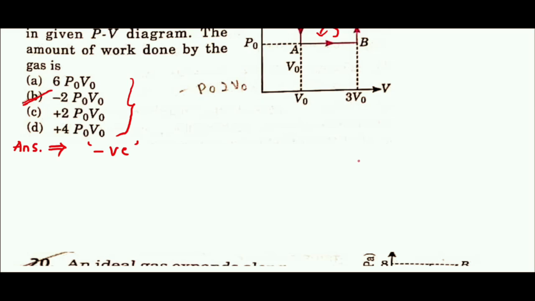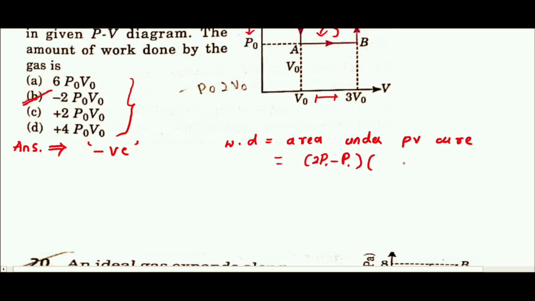So if we check it by calculation, how can we say that? Work done is equal to the area under the PV curve. So the work done here will be 2 P naught minus P naught and 3 V naught minus V naught.